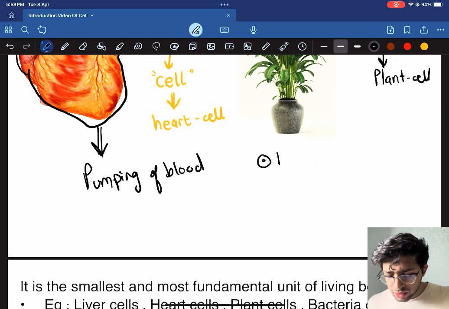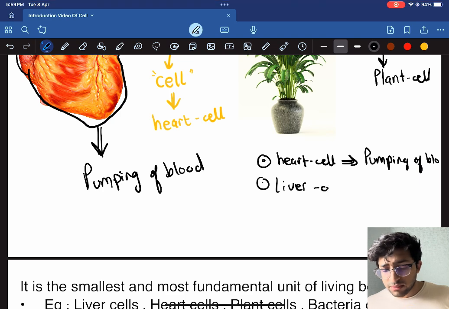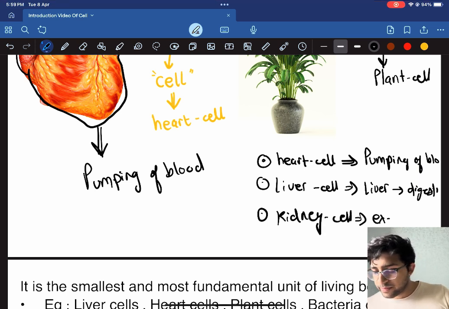So basically, we have lots and lots of cells. For example, the heart cell: its function is the pumping of blood. And what is the function of the liver cell? The liver cell makes the liver, of course, and then eventually is used for digestion. Then there are kidney cells for excretion of waste.